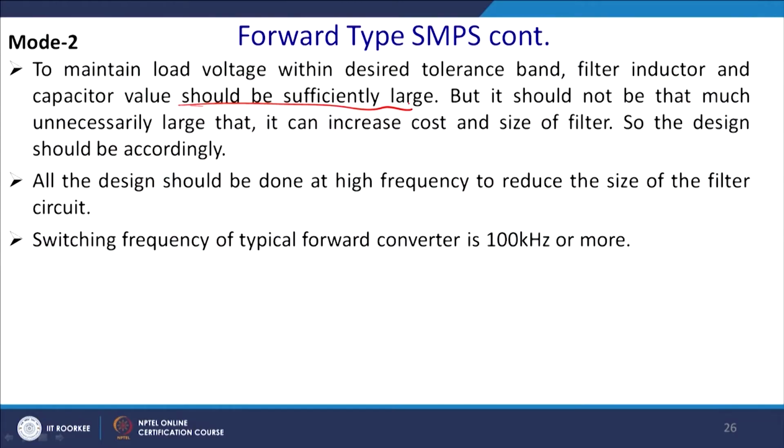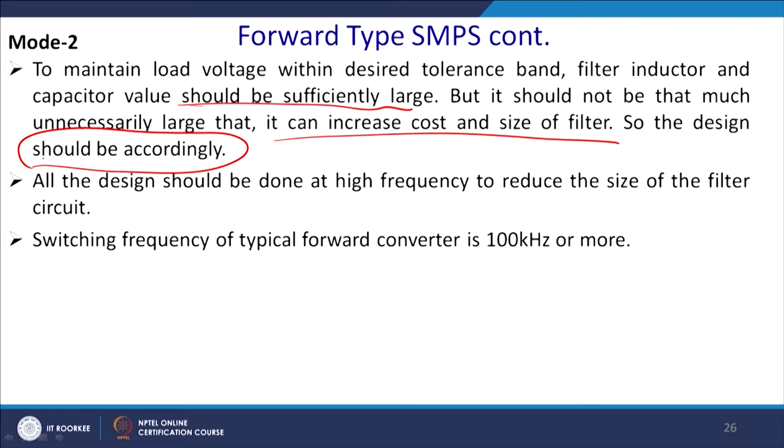In mode 2, to maintain the load voltage within a desired tolerance band, the filter inductor and the filter capacitor values should be chosen sufficiently large, but they should not be so big or bulky that they become costlier, bulkier, weightier, which can increase the cost and size of the filter. So, proper care has to be taken to design this type of isolated DC to DC converter.